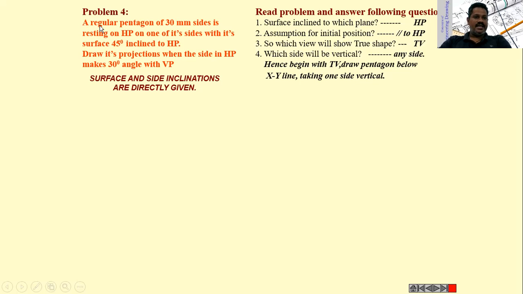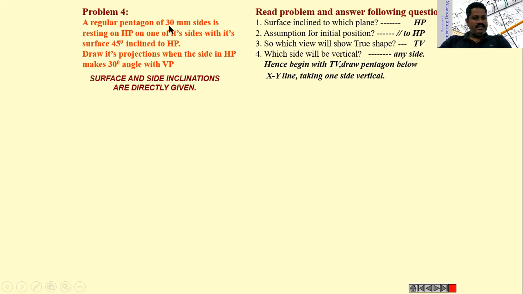As you can see here, a regular pentagon of 30 mm side is resting on HP on one of its sides with its surface 45 degrees inclined to HP. That means the surface is inclined at 45 degrees with HP.